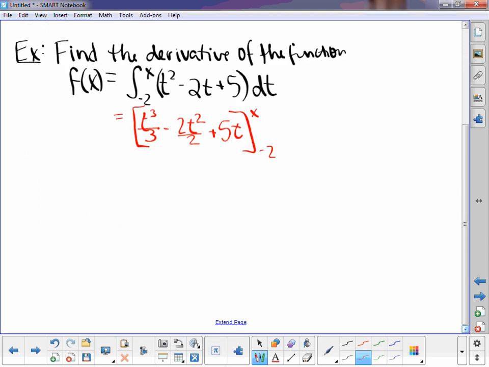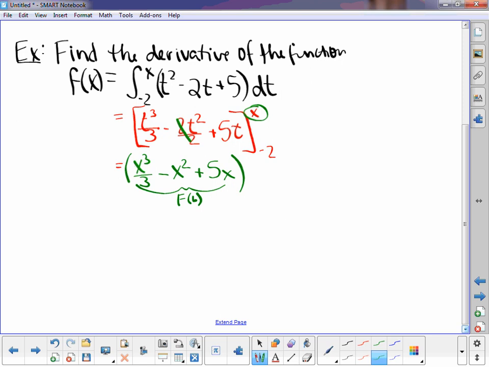So let's go ahead and do this together here. So I'm going to start off, let's use different colors. Take x and substitute it in. So I have then x cubed divided by 3. I'm going to reduce that. Minus x squared plus 5x. Okay, so this is just f of b, right?